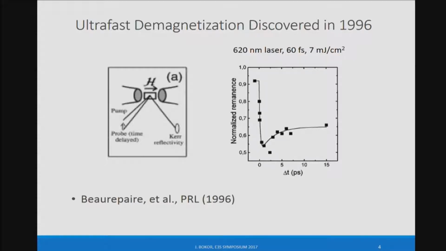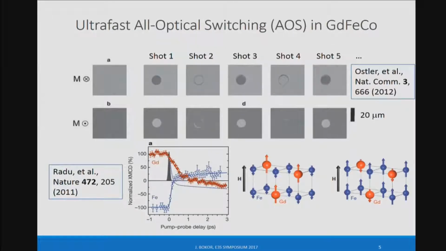All of those things got resolved. It's now very well accepted that this kind of excitation of a magnetic layer can produce an extremely rapid change in the magnetization.